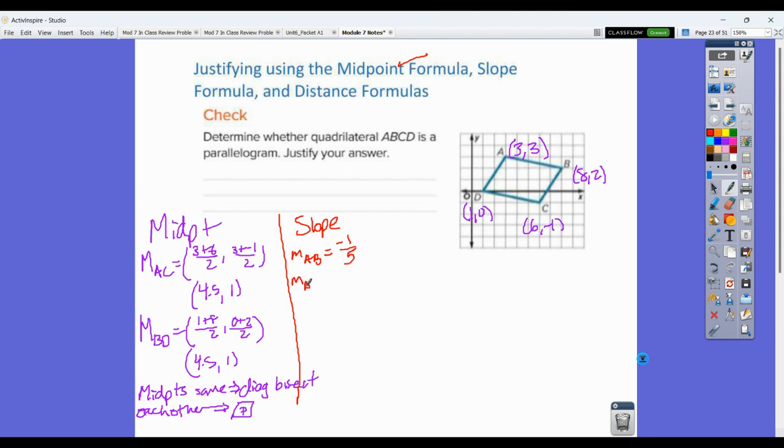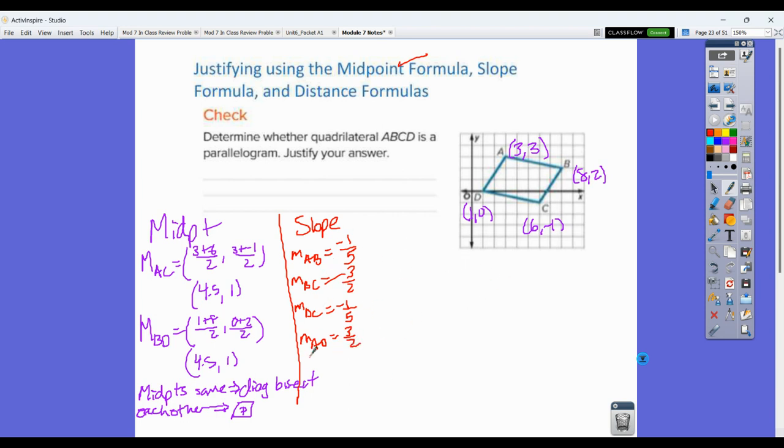The slope of BC would be up 1, 2, 3 over 2, so 3 over 2. The slope of DC would be down 1 over 5. And the slope of AD is up 3 over 2, which is 3 over 2.